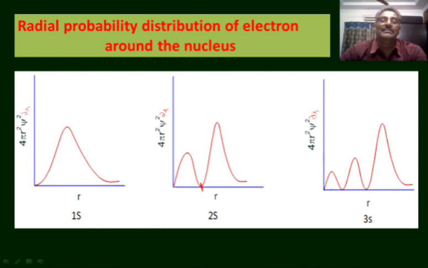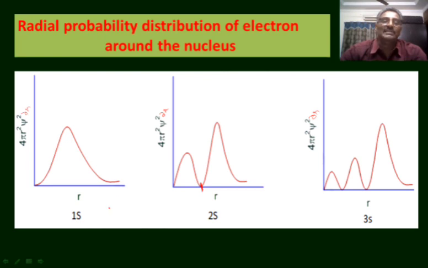That is, electron cloud density increases to a maximum value when the distance increases, and decreases to 0, and again increases to another maximum value, and then decreases to a minimum value in the case of 2s orbital. In the case of 3s orbital, the radial probability increases to a maximum value from 0 as the r value increases, decreases to 0, again increases to a maximum value, decreases to 0, again increases to a maximum value, and decreases to a minimum value.